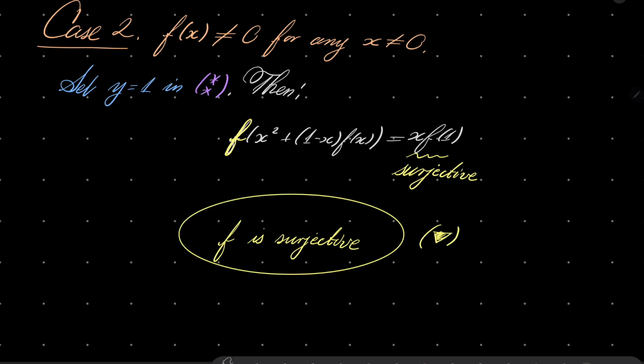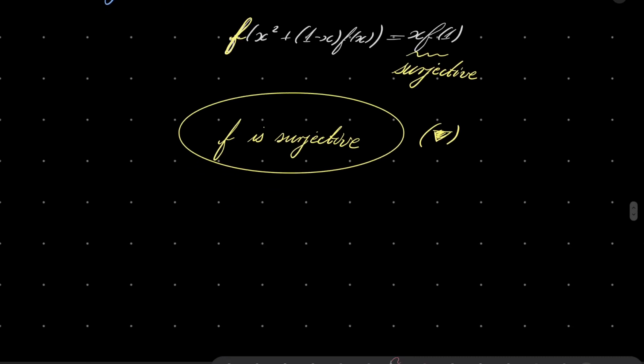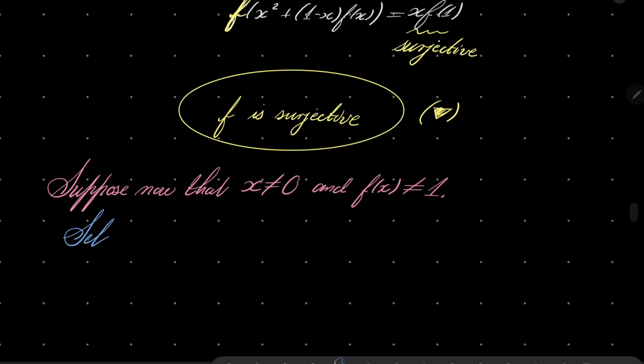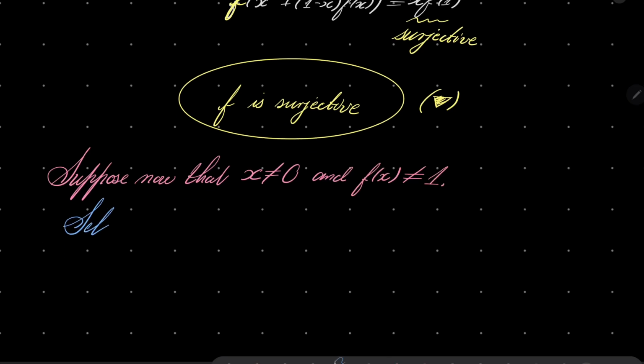Now the nice part. Suppose now that we have some non-zero real number x, and that f of x is not equal to 1 for this argument. And consider setting y to be equal to the following: x times f of x minus x squared over f of x minus 1.